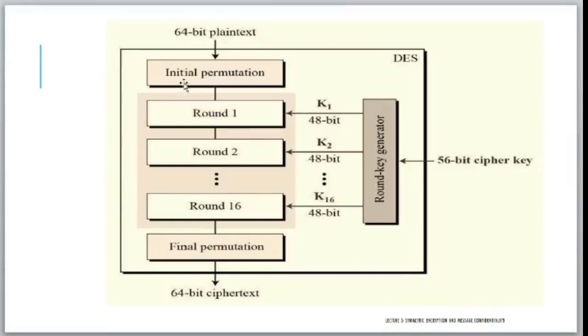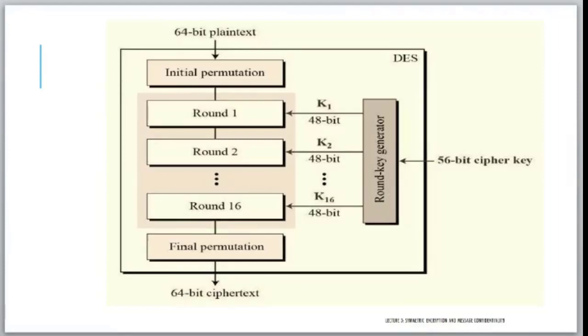For round 1, it is from the initial permutation, but for round 2, it is from the previous round. That means the output of round 1 will be used as the input here. Very simple. For a round function, the input is going to be the output of the previous round plus the key. So there are two inputs available.